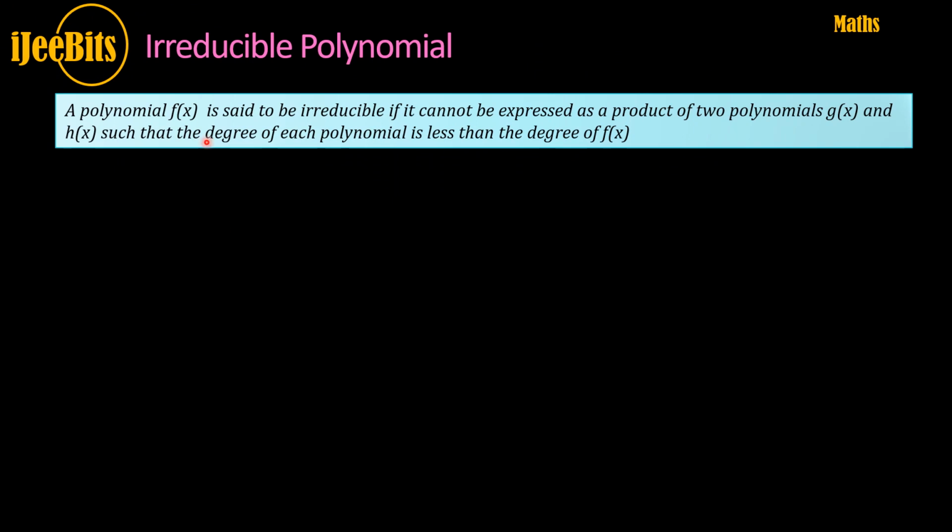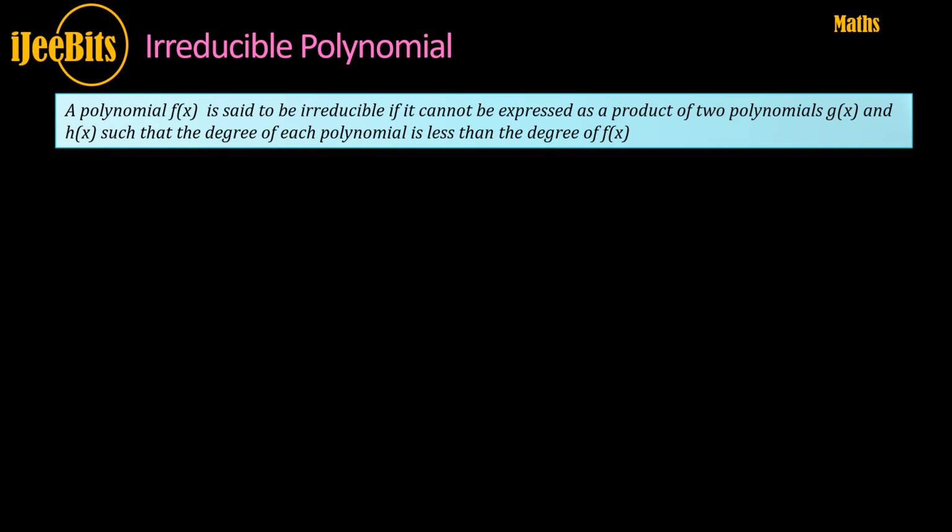Similarly, how do you define an irreducible polynomial? The definition is, a polynomial f of x is said to be irreducible if it cannot be expressed as a product of two polynomials like g of x and h of x, such that the degree of each polynomial is less than the degree of f of x.